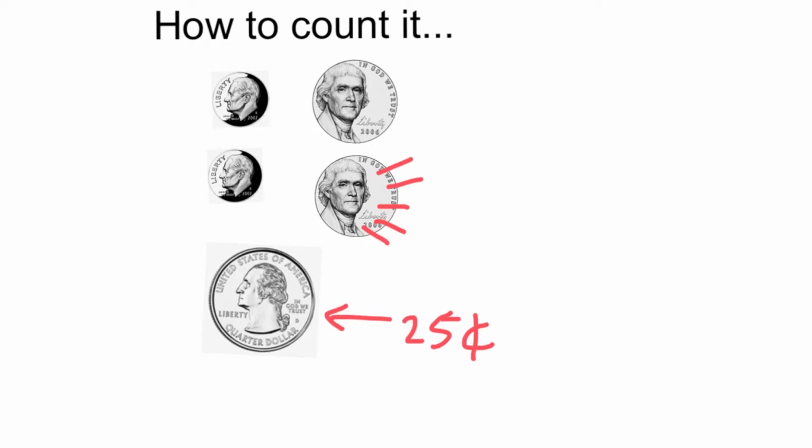I'm going to do 5 for this one too because it's worth 5 cents again: 1, 2, 3, 4, 5. And for these other ones, I know they're worth 10 cents, so this is 1, 2, 3, 4, 5, 6, 7, 8, 9, 10. And I do that to the next one: 1, 2, 3, 4, 5, 6, 7, 8, 9, 10.